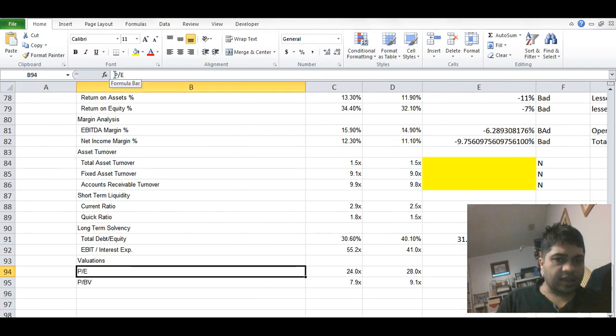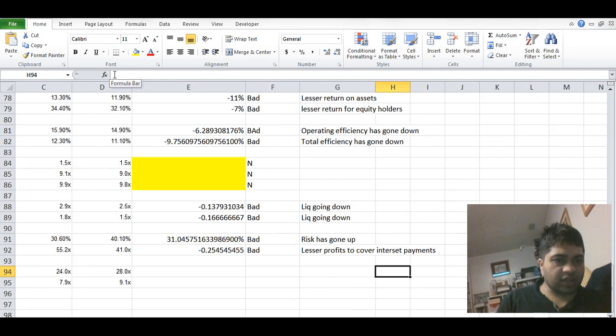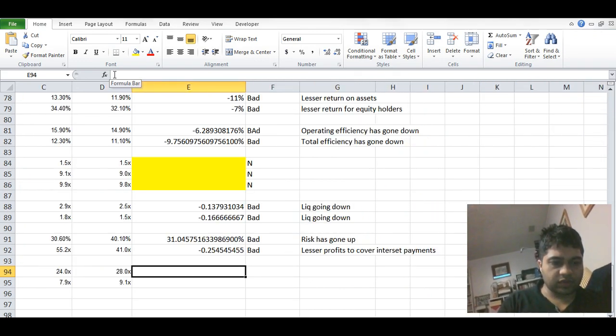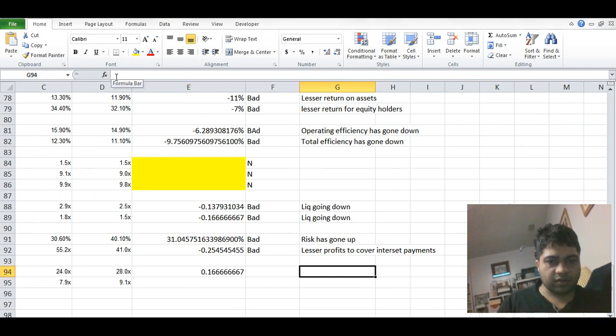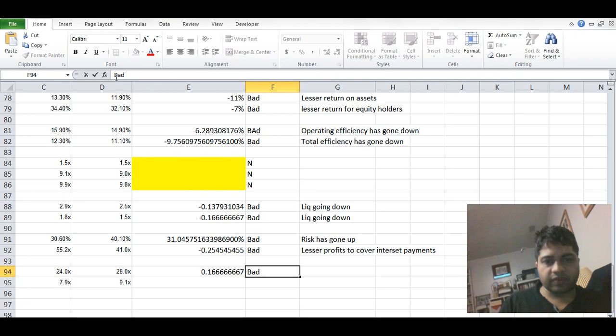Okay, P/E ratio has gone up. So 28 divided by 24 minus 1. So that is bad actually for a new investor.